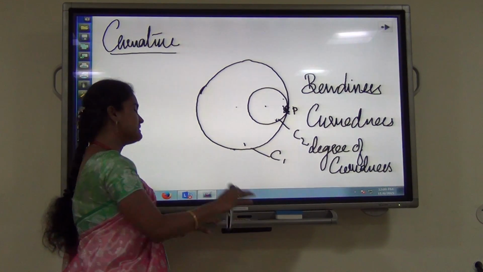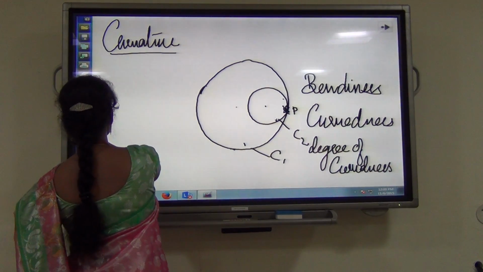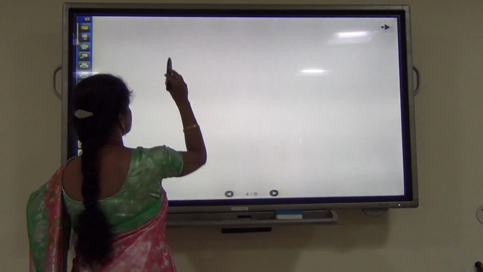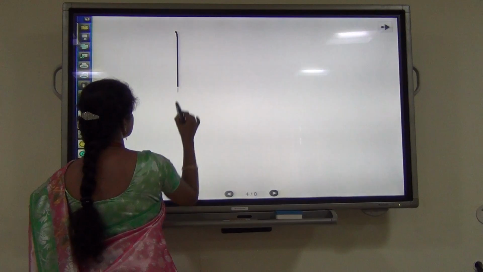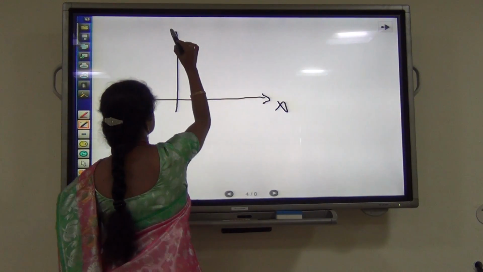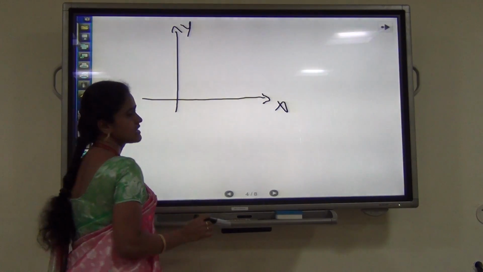Let us define graphically how the curvature is defined for a curve.